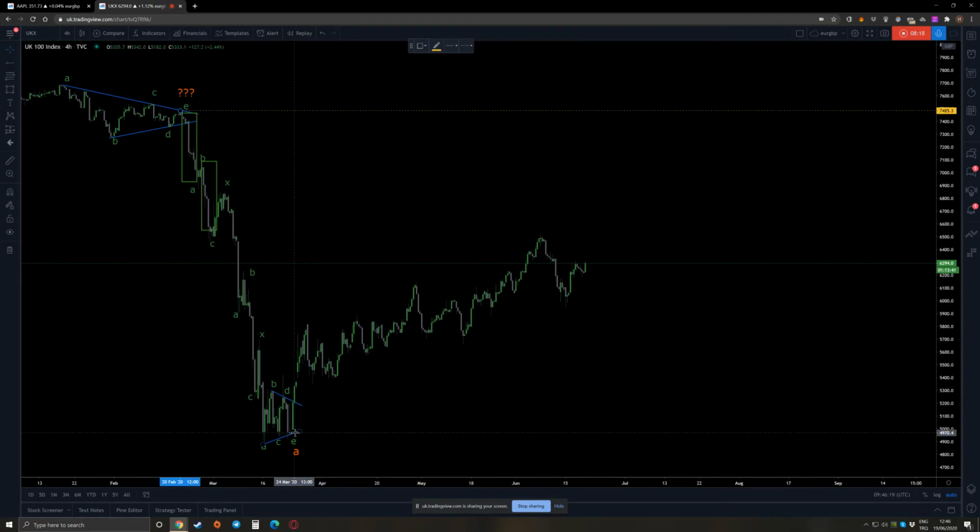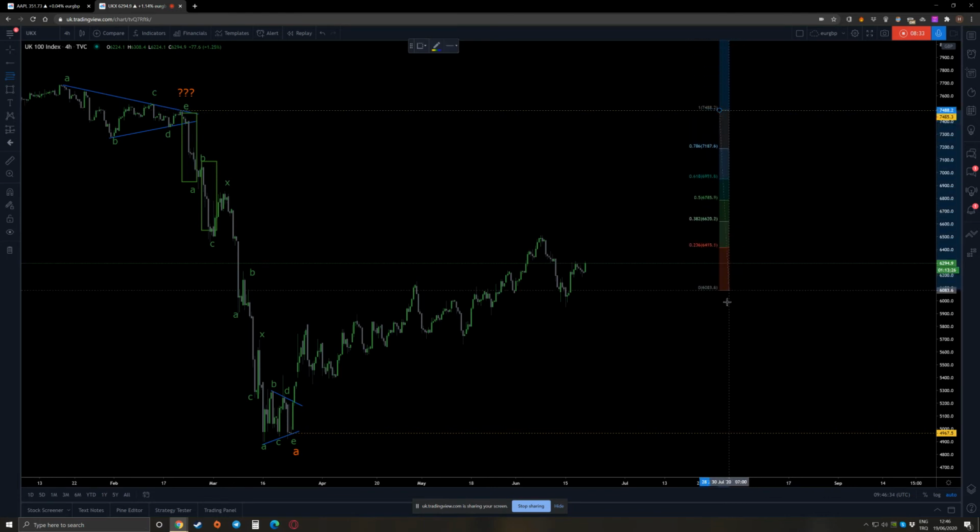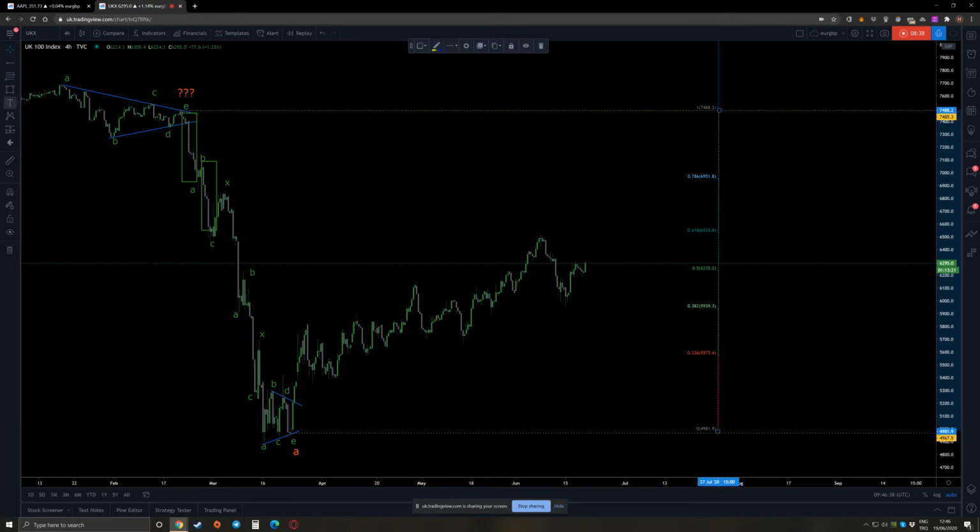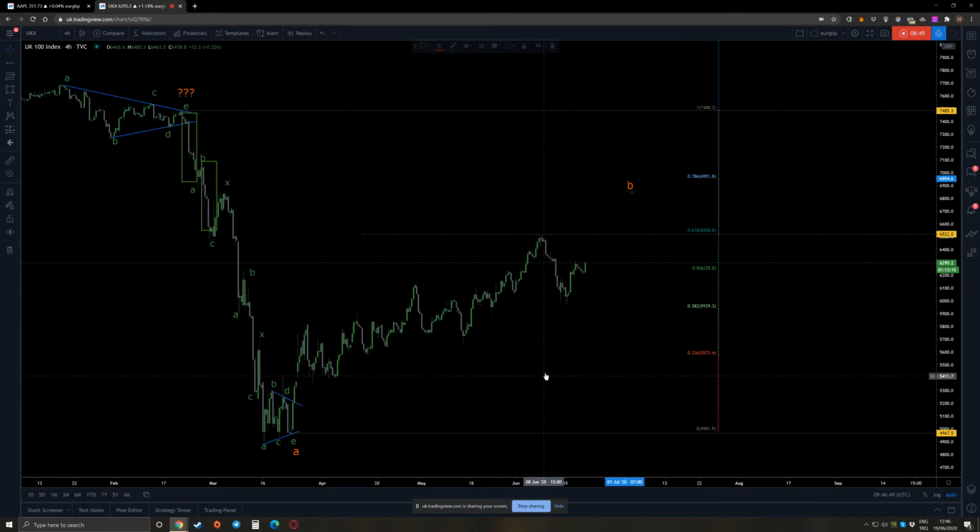This is why I'm going to measure not from the top, not from the bottom, but from where the wave has started to where the wave ends. This is how to use Fib levels if you're dealing with Elliott waves. Now this 618 level is the key for us. And look where the market has come, 618. Why? Because as a B wave it should come if it's a flat.